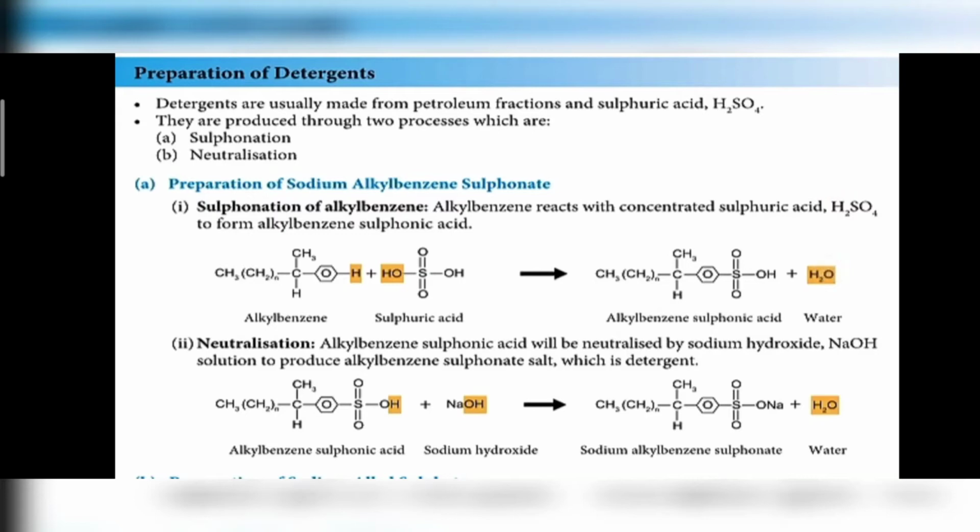Okay. After we get the alkyl benzene sulfonic acid, the second step is neutralization. So the alkyl benzene sulfonic acid is added with sodium hydroxide. So neutralization occurs. So dia akan menghasilkan sodium alkyl benzene sulfonate salt.